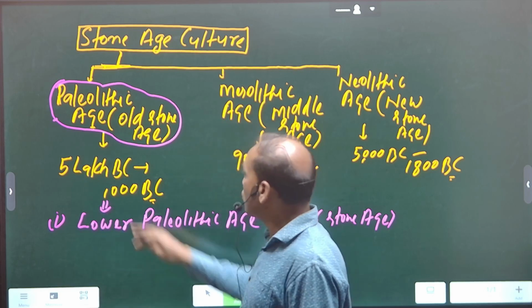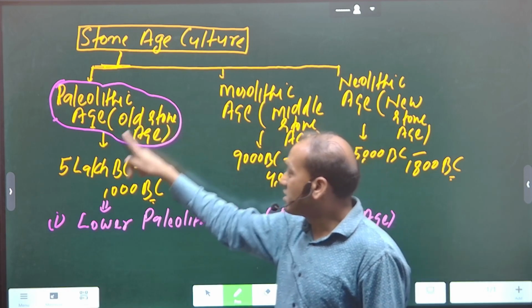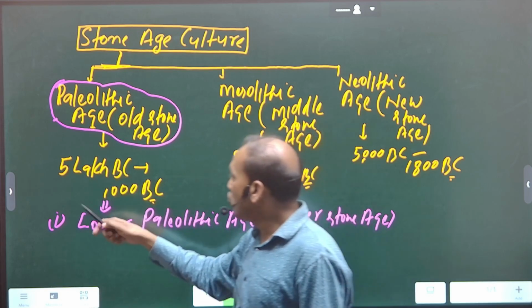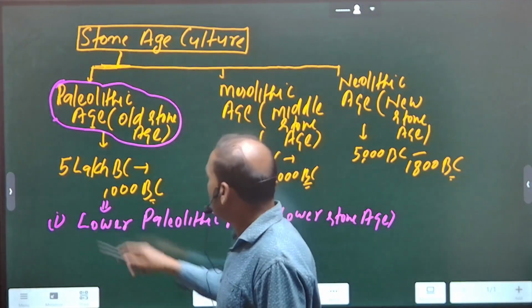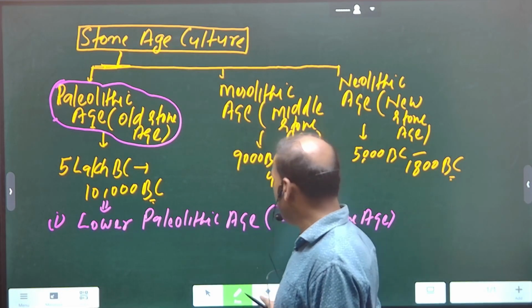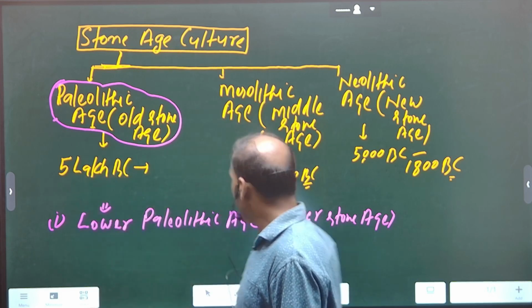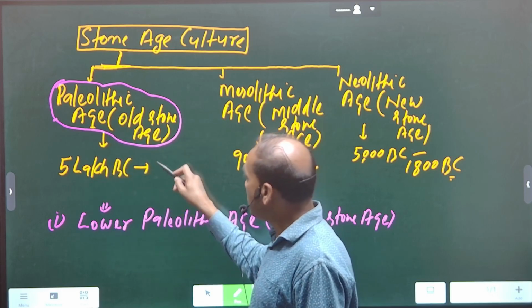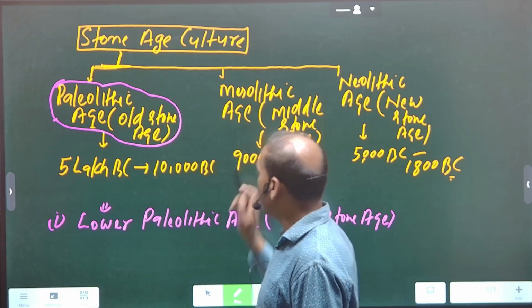Okay, so your Paleolithic age, Old Stone Age, starts from 5 lakh BC to 10,000 BC. Let me correct it. Paleolithic age 5 lakh BC to 10,000 BC.